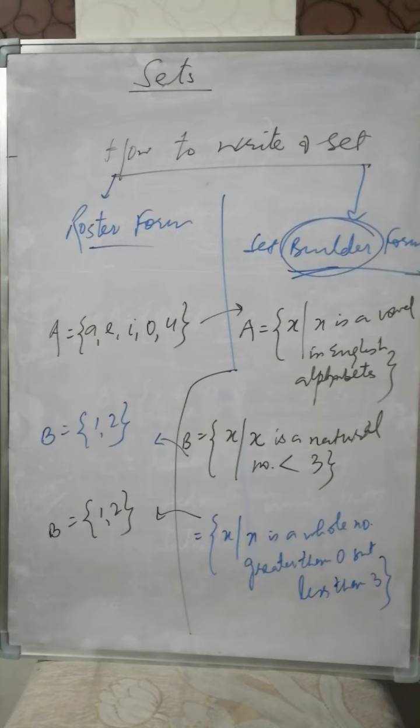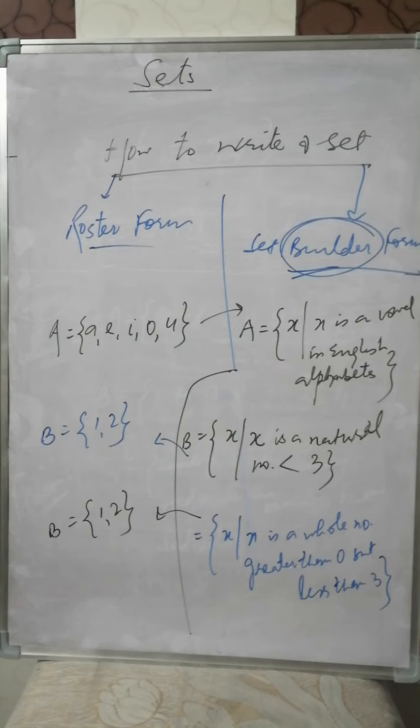So for understanding level in the very beginning, we will be using the roster form more than the set builder form. But as the topic progresses, like when we move to the second chapter, we'll start making use of the set builder form. The set builder form is an equally important form, right? So let's have a few examples where roster forms are to be converted to set builder form and vice versa.